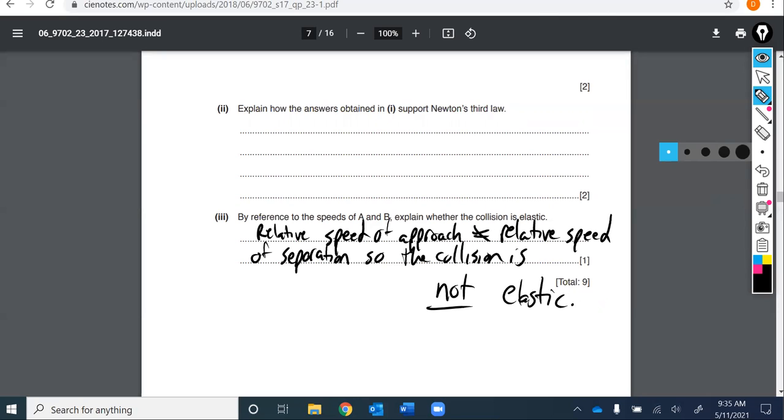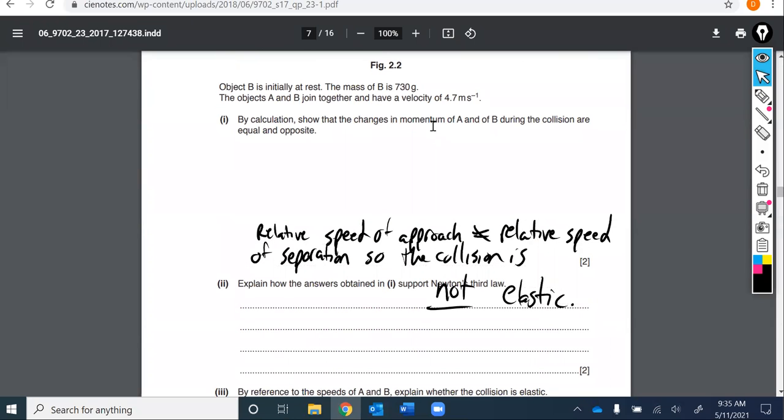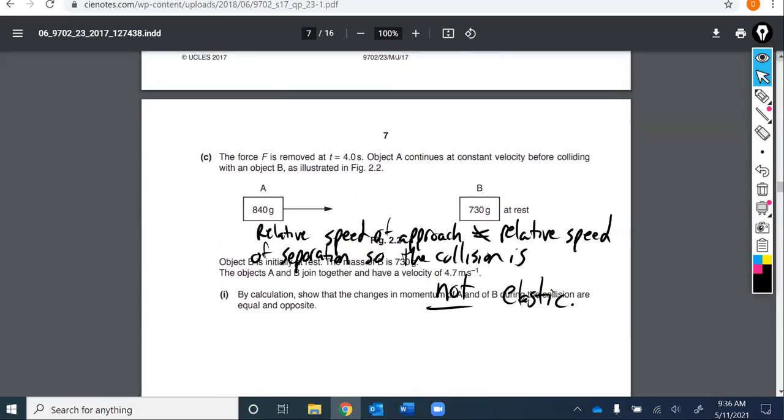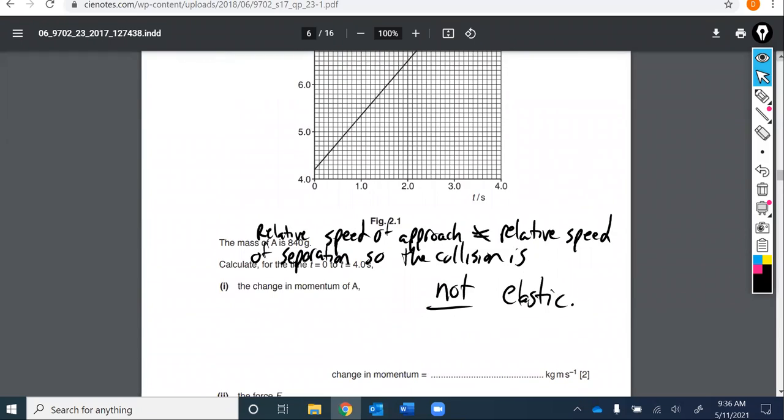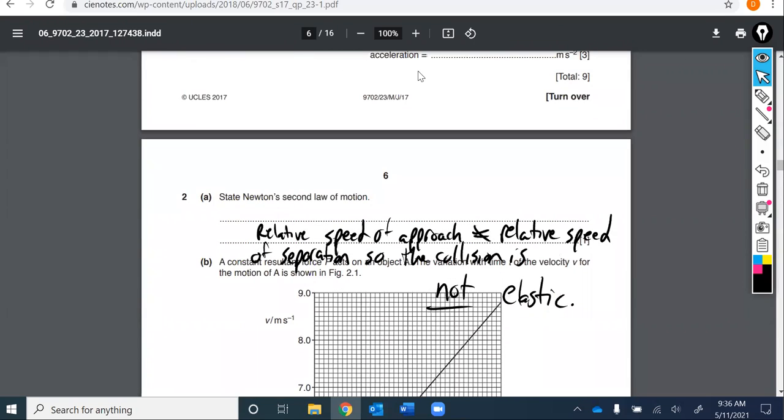All right, let's have a look at the mark scheme and really see what they said here about this calculation. I'm so excited about that question. All right, so part D, question 2.